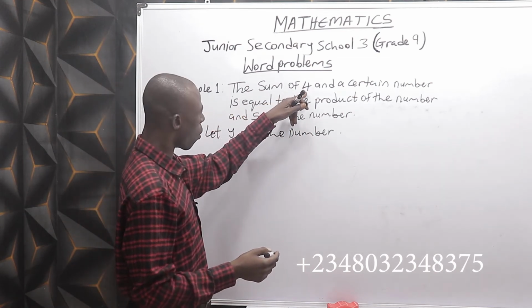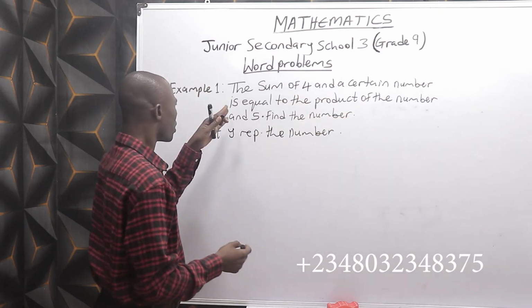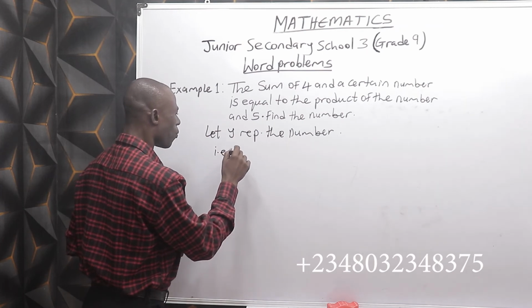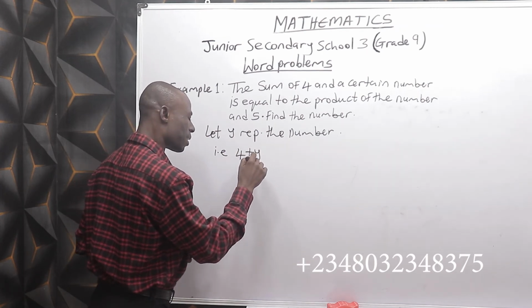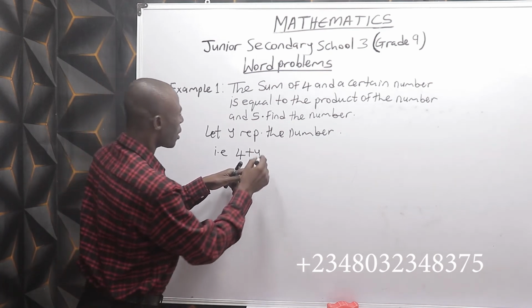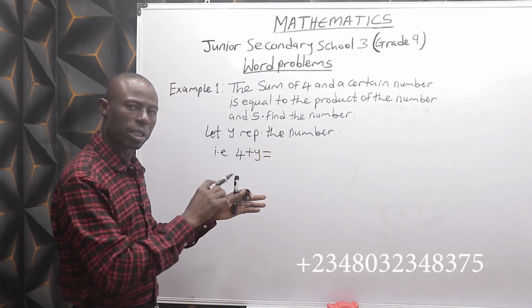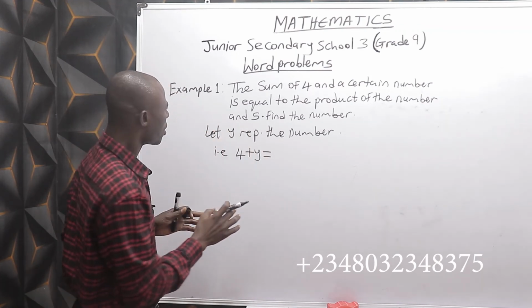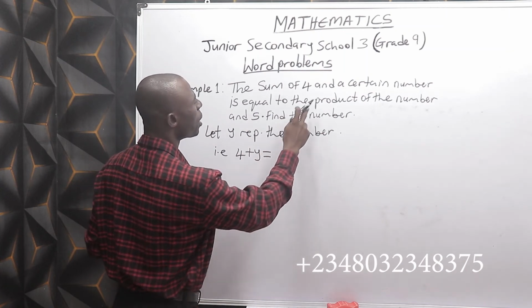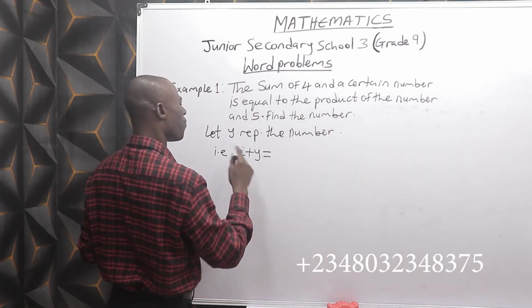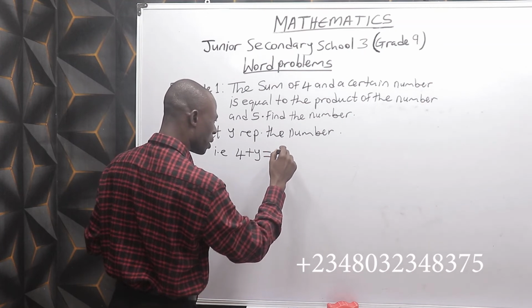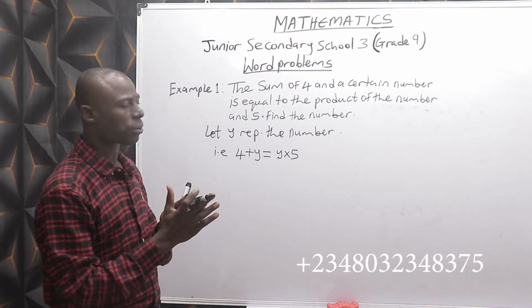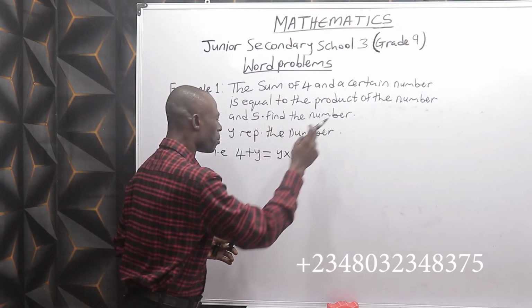So the sum of 4 and a certain number is equal, that is 4 plus the certain number Y is equal, the word is equal mathematically means this equal sign, to the product of the number and 5. Product means multiplication.